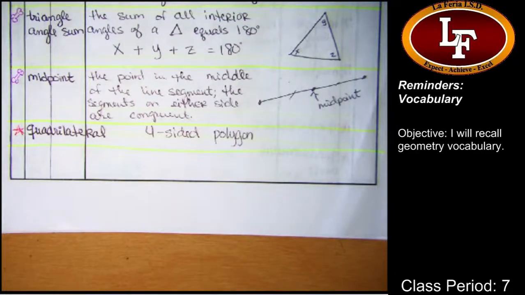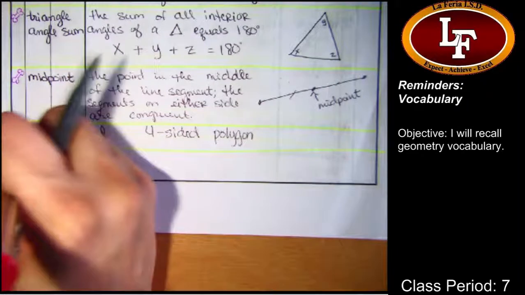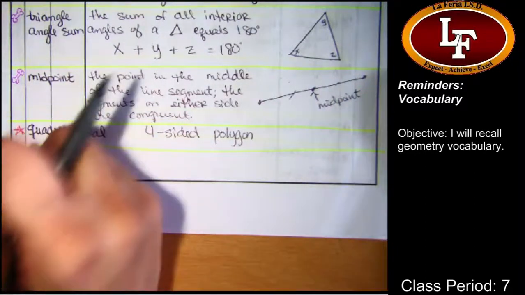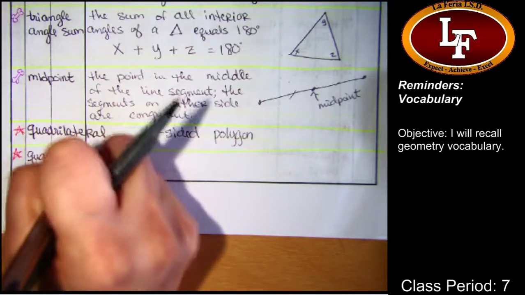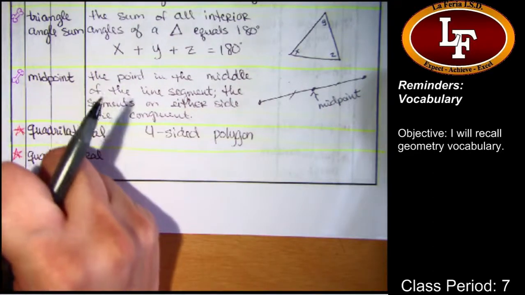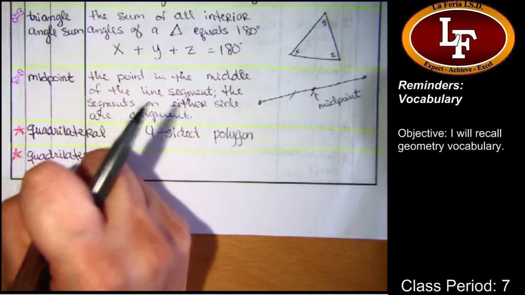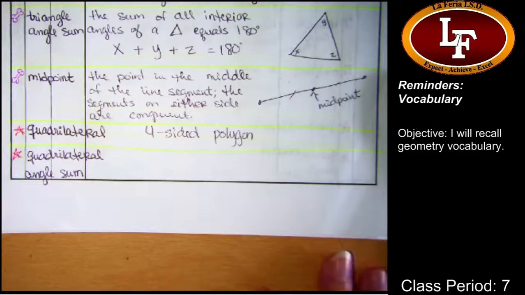Here's the last something new. And it is the quadrilateral angle sum. Random guess. What do you think this means?